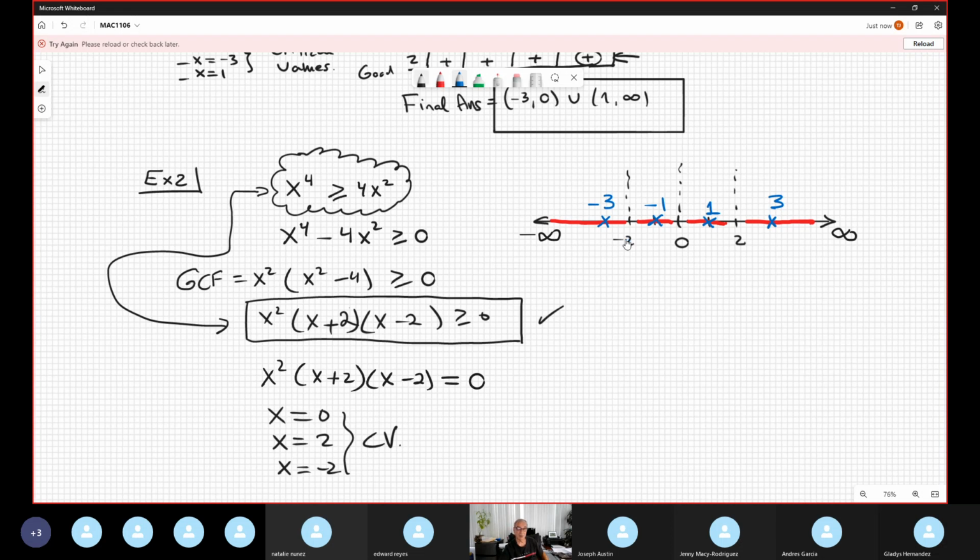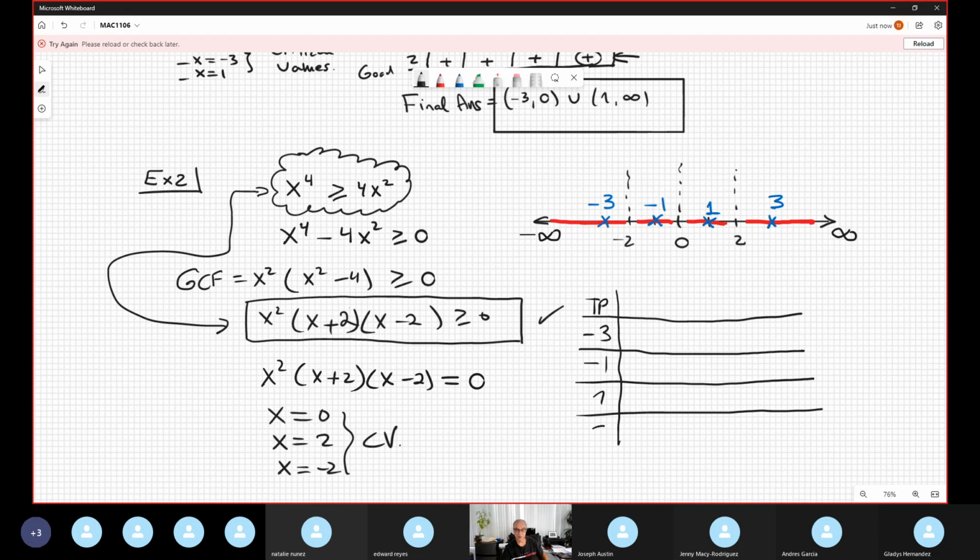Here I create my famous table. My famous table, guys, has a first column, TP, testing point: negative 3, negative 1, positive 1, and positive 3.